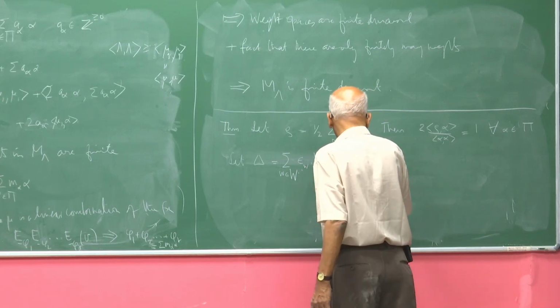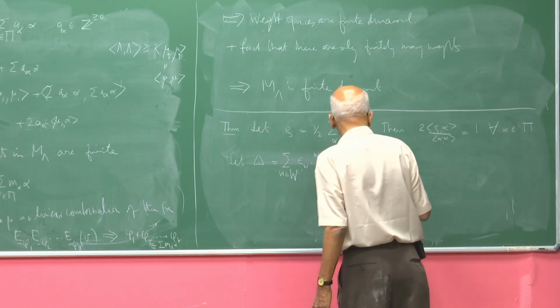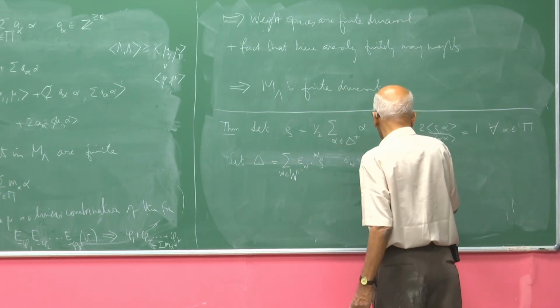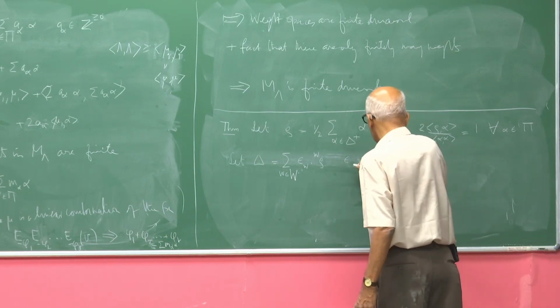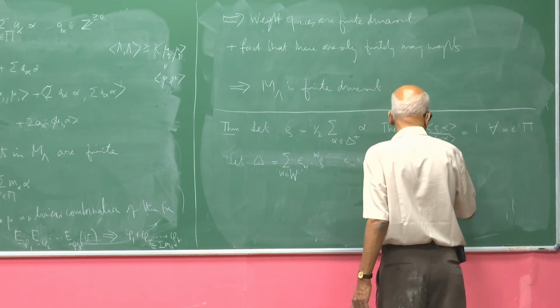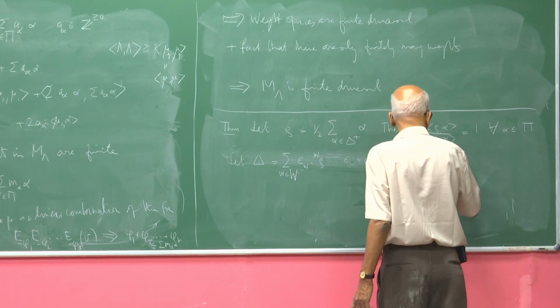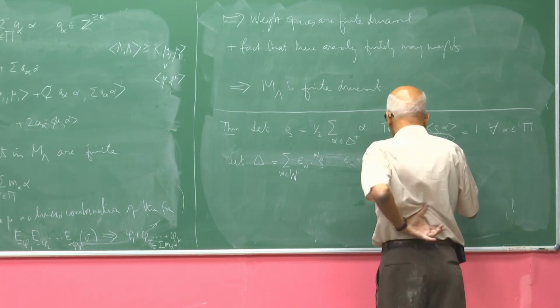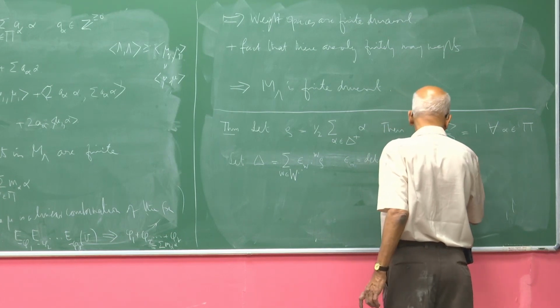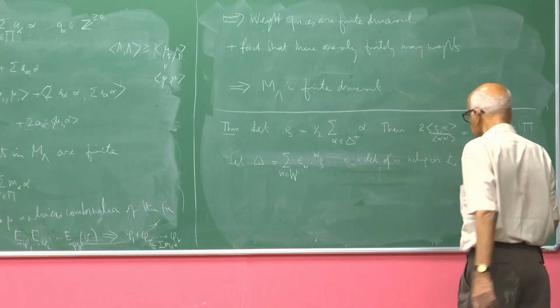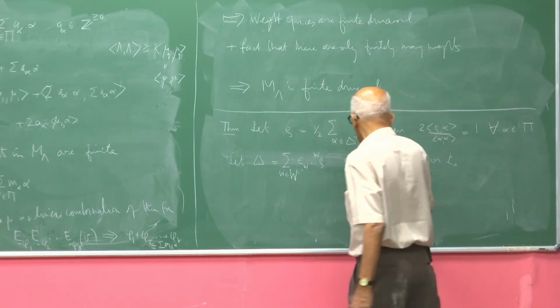Epsilon w is the determinant of w acting on t, or for that matter t_C.